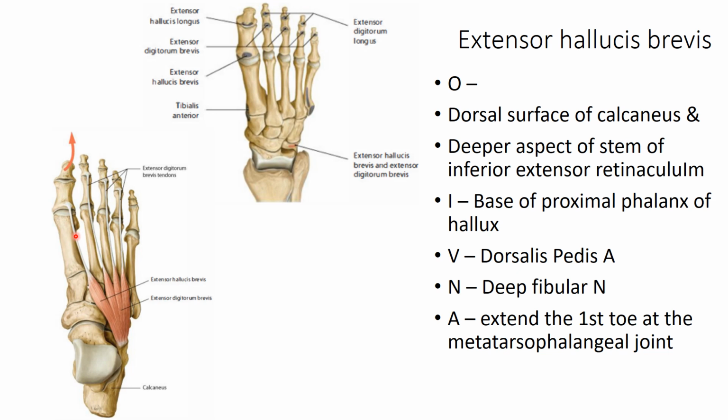So it gets its vascularity from the dorsalis pedis artery, which is the continuation of the anterior tibial artery, and gets innervation from the deep fibular nerve. And the action is to extend the first toe at the metatarsophalangeal joint.